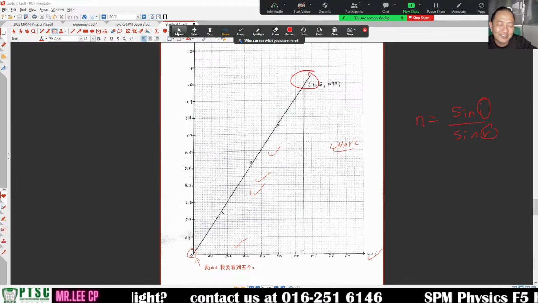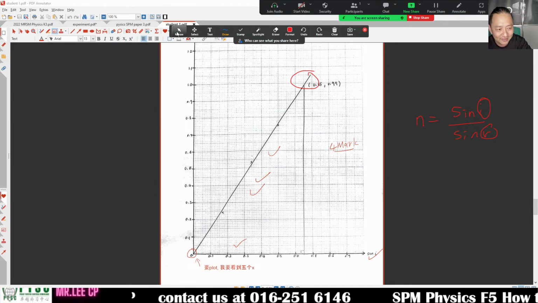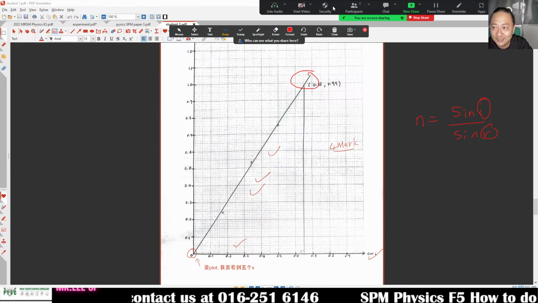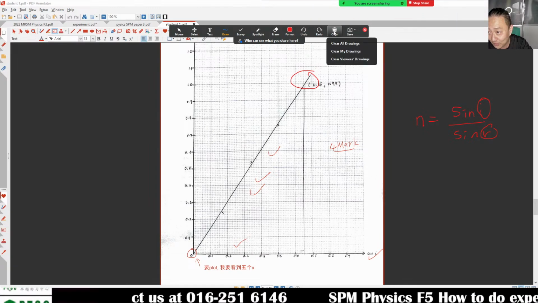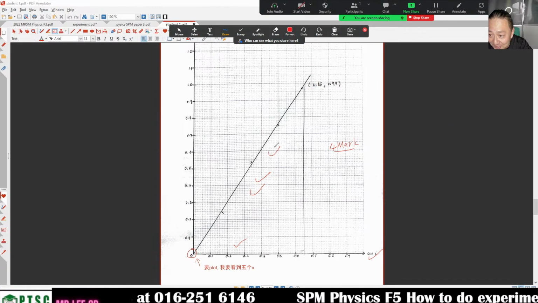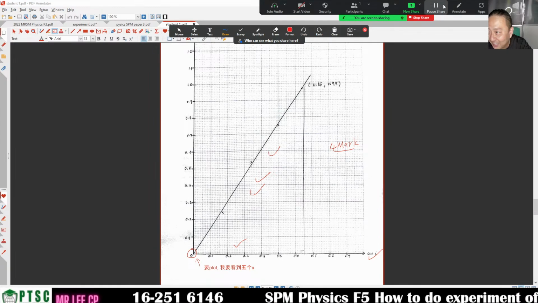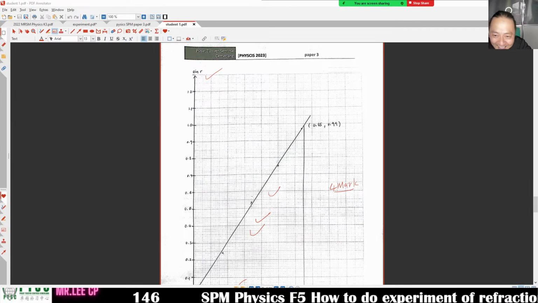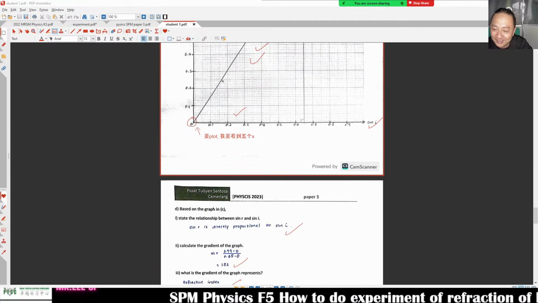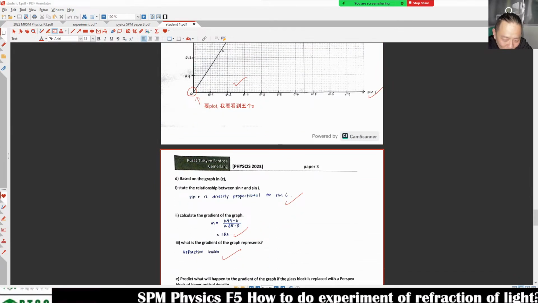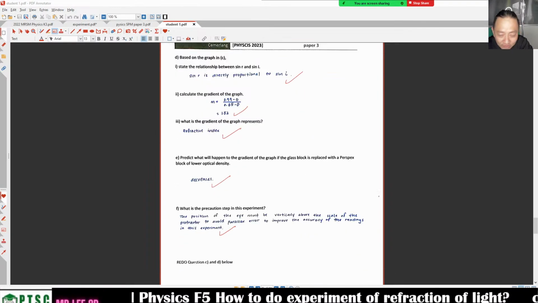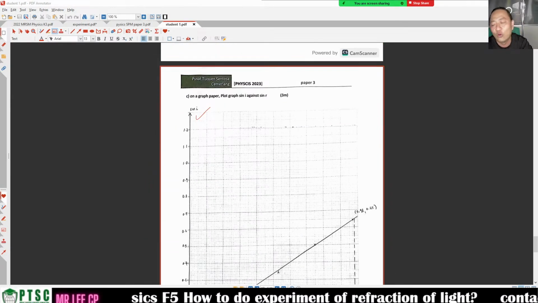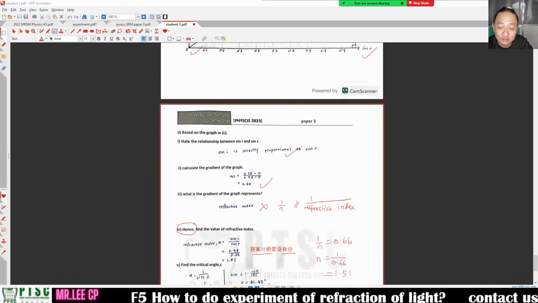This I and R is just a name only. Don't tell me, Cikgu, this is more than one, or this is sine I, n is equal to sine I over sine R. Then you are kidding me. Your n is more than one, you say refractive index. Your n is less than one, you say, oh no, that is 1 over the refractive index.